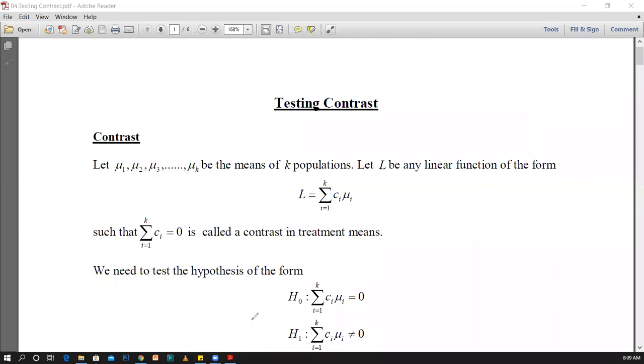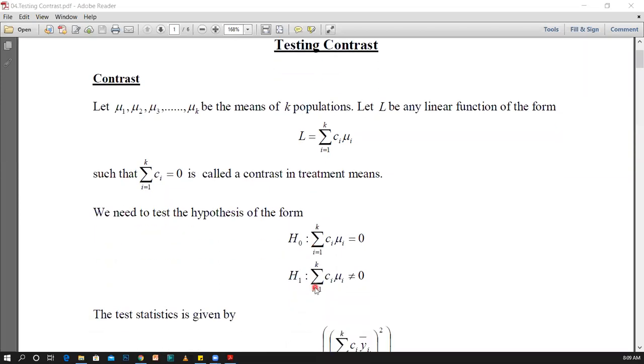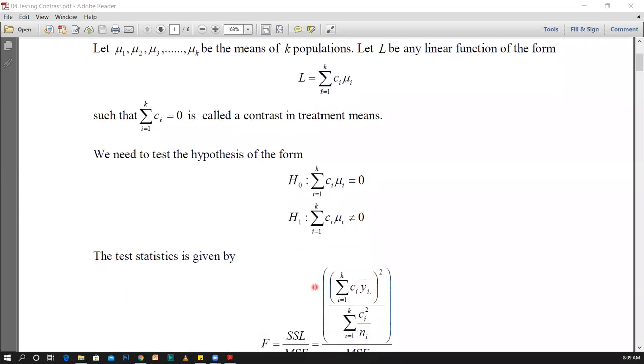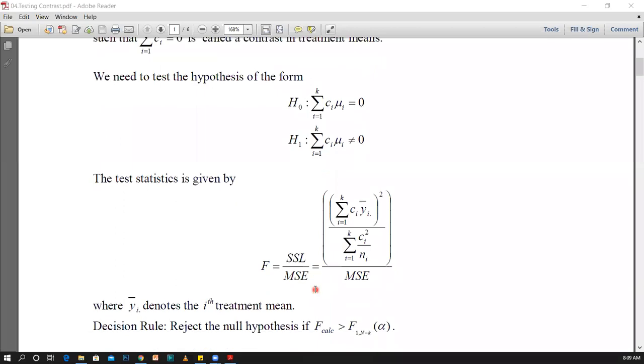This is the hypothesis that we are testing for a contrast. And now we will see how we can perform this hypothesis testing.